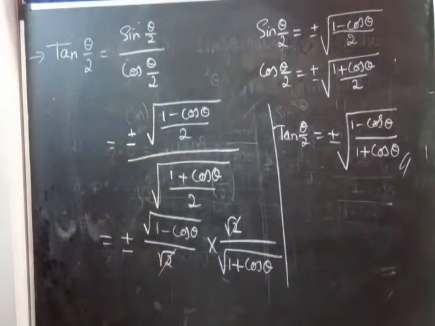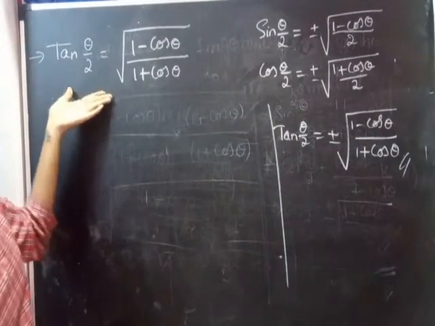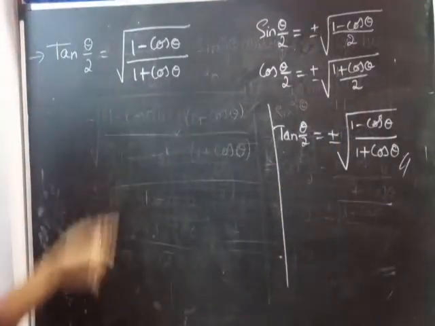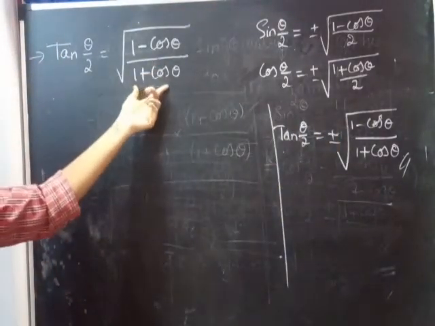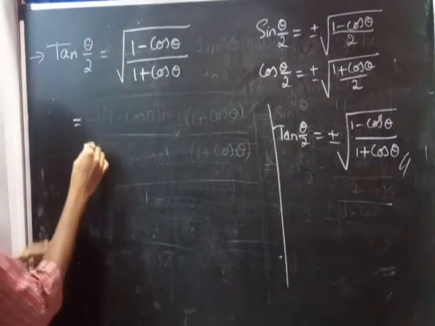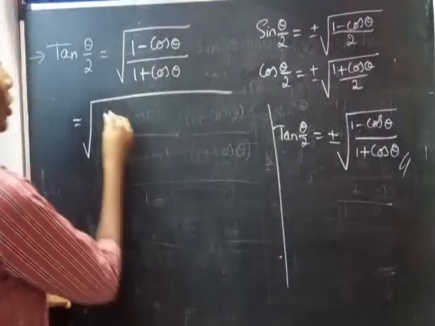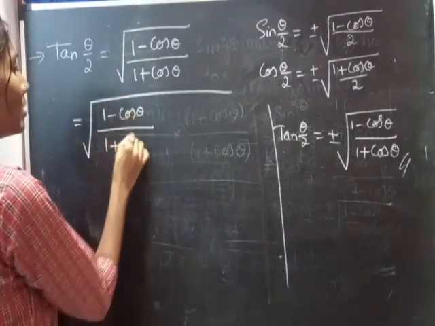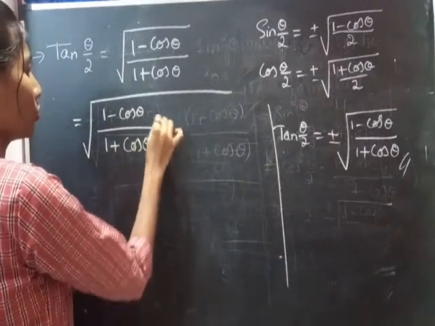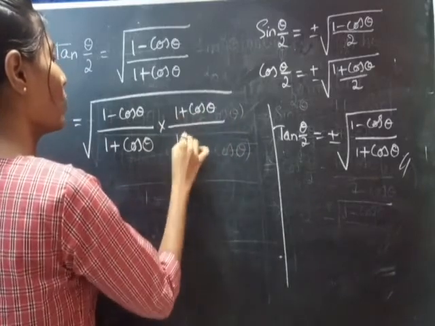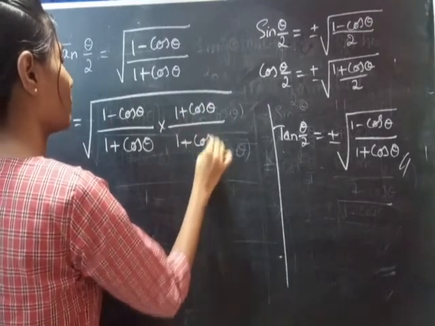So next, since we have tan theta by 2 equal to plus or minus root over (1 minus cos theta by 1 plus cos theta), now we are going to rationalize the numerator. Root over (1 minus cos theta by 1 plus cos theta) into (1 plus cos theta by 1 plus cos theta).